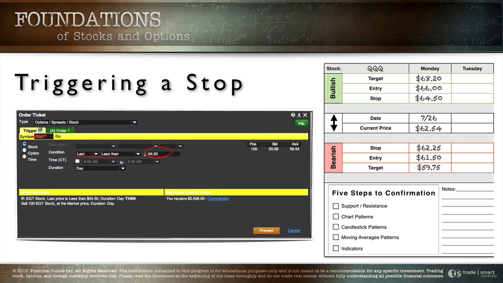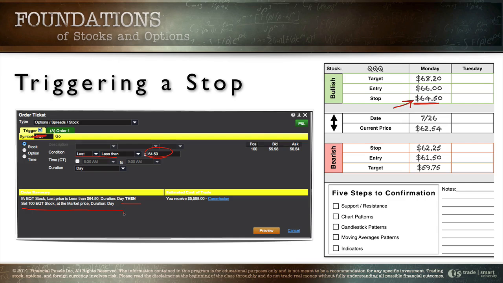I have no idea how we got the wrong symbol in there, but the numbers are right. 64.50 was our stop. So if QQQ has fallen down to 64.50 and the last price is 64.50 or less, then sell my stock at the market order or the market price. That is a trigger trade that triggers the exact same thing as a stop.